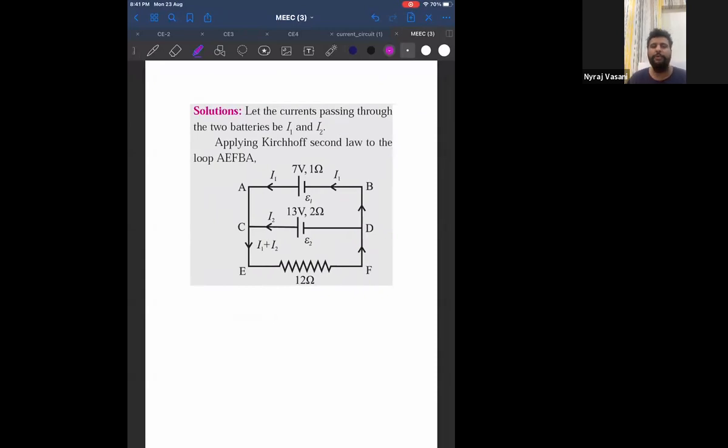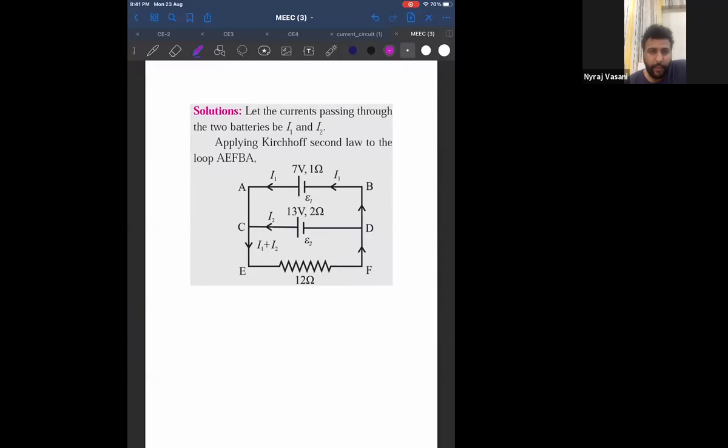Okay, so write down rules for KVL. Write down a side heading: Rules for KVL. Two rules. Write down. Rule one. Rules for finding KVL, rule one.